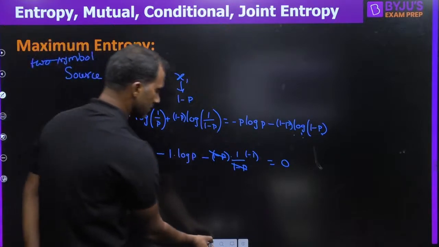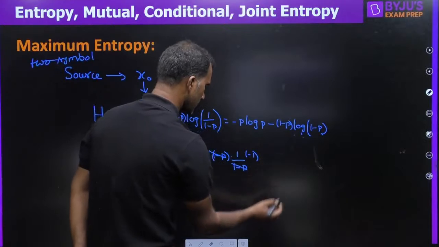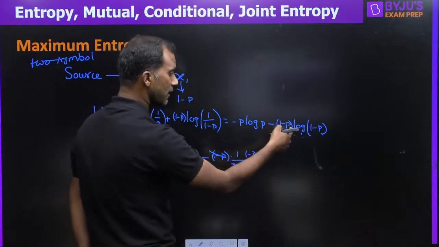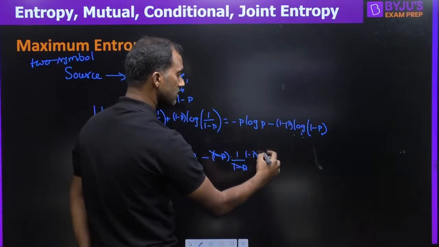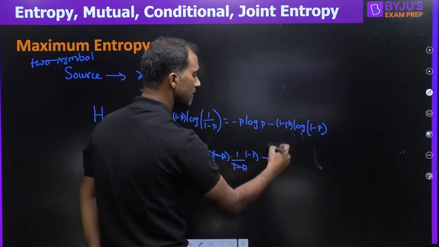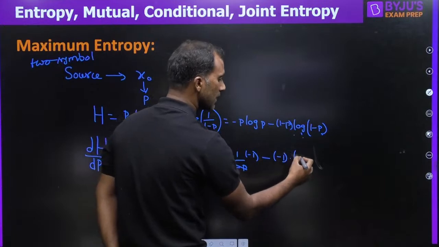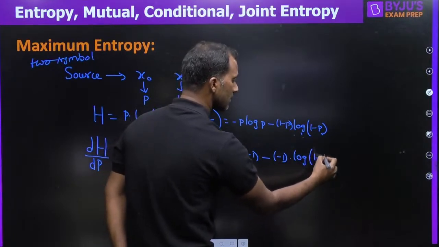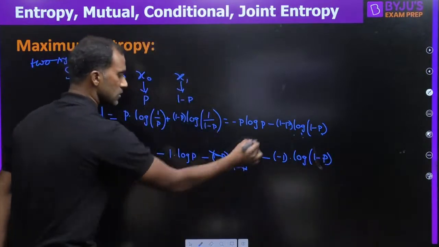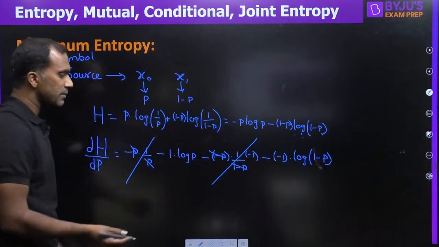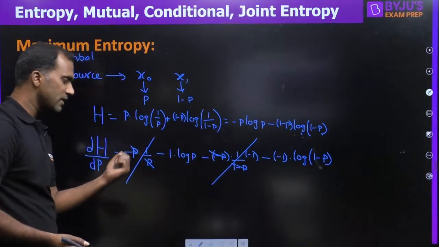I think we missed something. Yes, we missed the next part. So we have done uv dash, but u dash we have to do. u dash is minus 1, differentiation of 1 minus p is minus 1 into logarithm of 1 minus p. So this total thing is cancelled because this is plus 1 and this is minus 1.